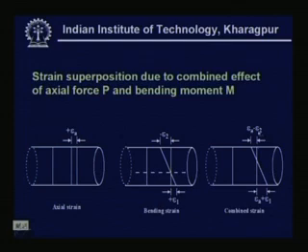So, once we know the strain pattern, obviously the stress pattern will be obtained as we have seen earlier. From the stress equations we can find out the stresses, and that also can be combined together. But the basic idea is that you are summing up the deformations.